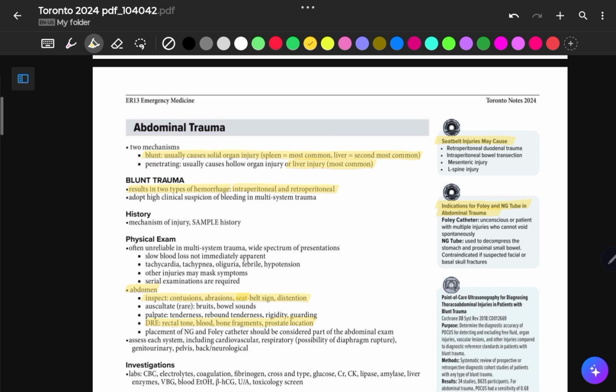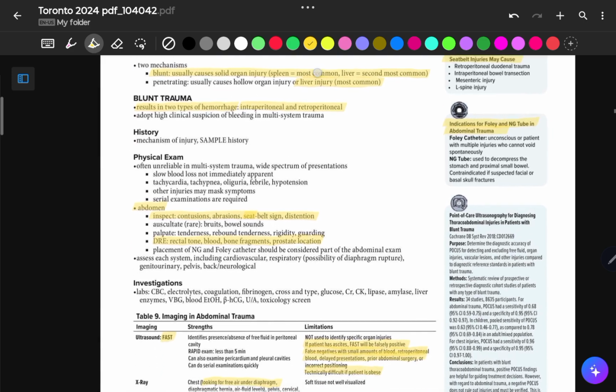Slow blood loss: a patient can present with slow blood loss that is not immediately apparent. So you can have tachycardia, tachypnea, oliguria, febrile hypotension. So you need to do a series of examinations: examine, re-examine.